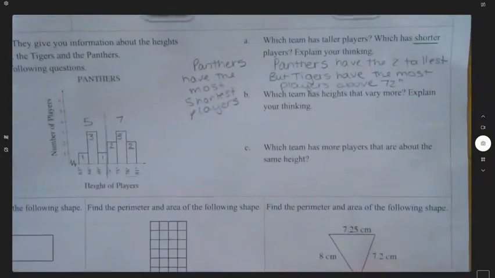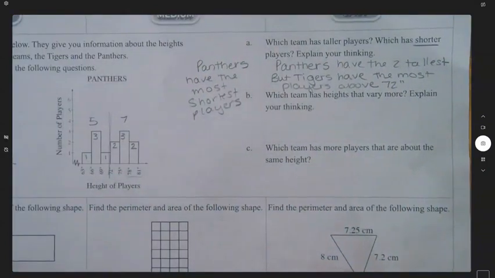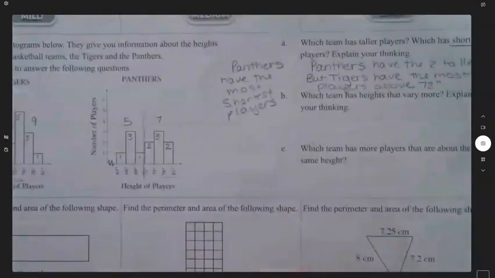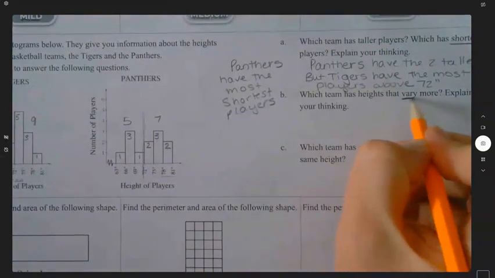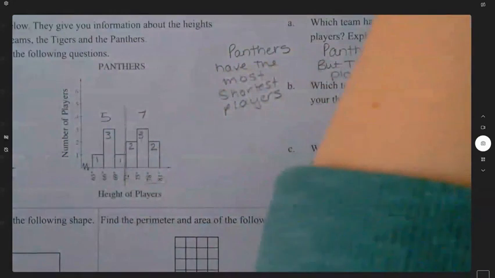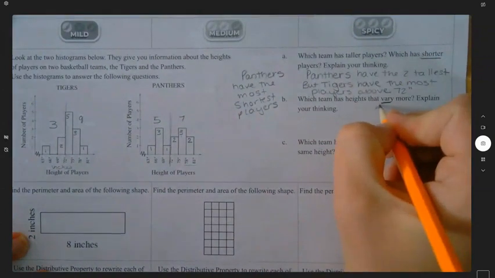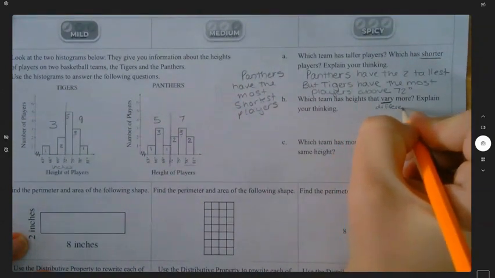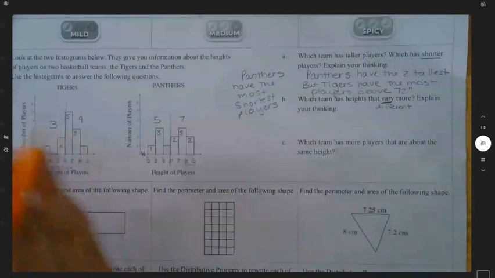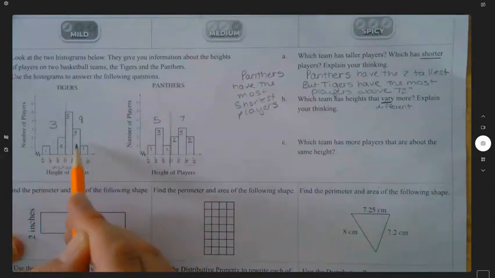All right. Then over here, which team has heights that vary more? So when you have that word vary, vary means different. So you want to look at the graphs that have the most players across or in each column.